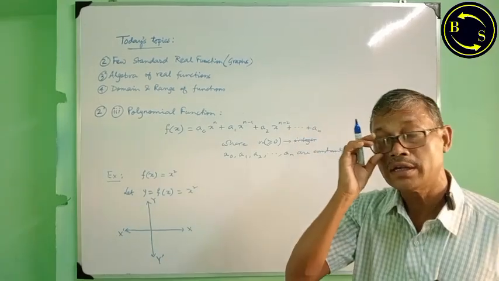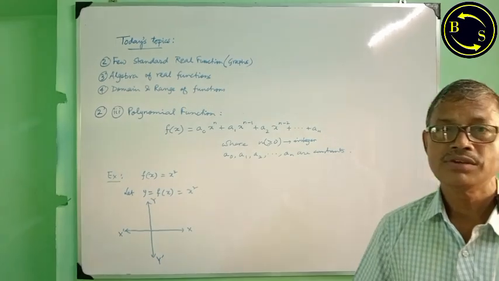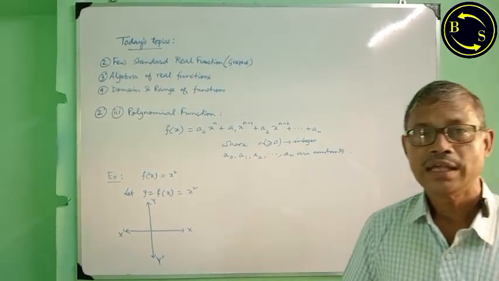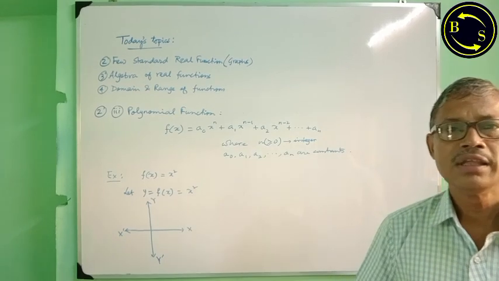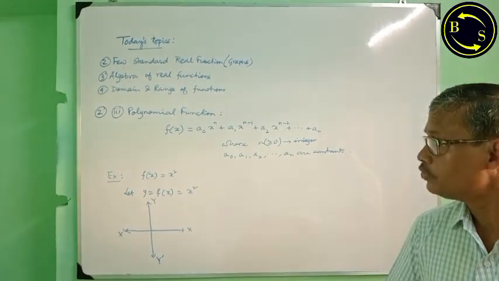In earlier classes or lower classes, we had drawn graphs by taking at least 2 or 3 values of x, and we found values of y.